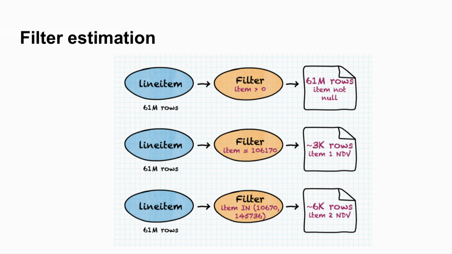So what happens? In the first case, the filter is pretty simple. It asks for all items that are larger than 0. From the min-max values in the Hive metastore, we know that every single row will pass that predicate. So the cardinality of the table is still 61 million rows.